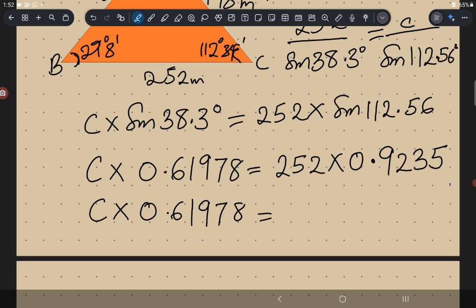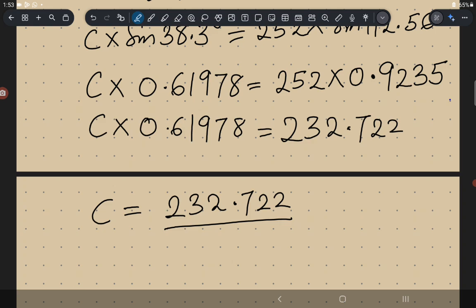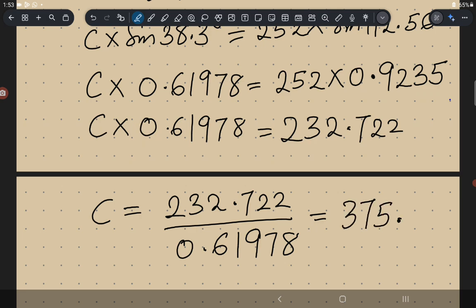When you multiply 252 by 0.9235 on your calculator, we get 232.722. So now let's make c the subject of the formula to have 232.722 divided by 0.61978. By the time we divide this on the calculator, we have 375.5 meters. So this is the value of c.